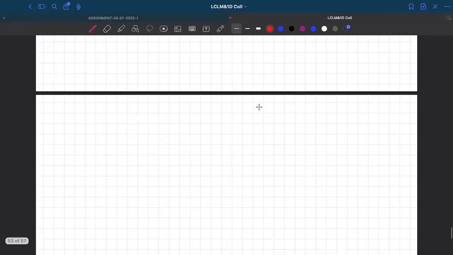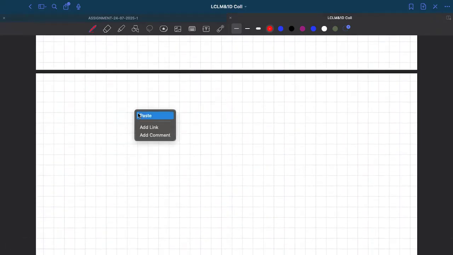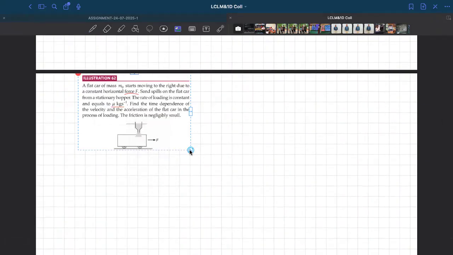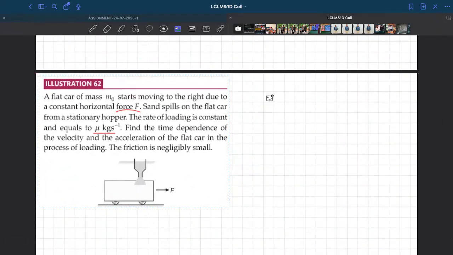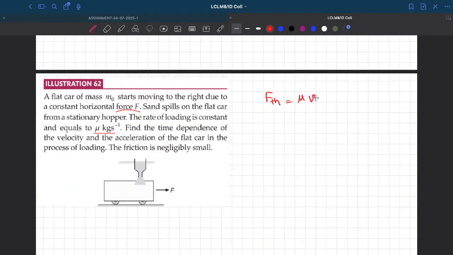Right. Good. Now, in this case, what is the thrust force? The thrust force is nothing but mu v. We already know that at a given instant, m dv by dt is equal to thrust force plus external force.